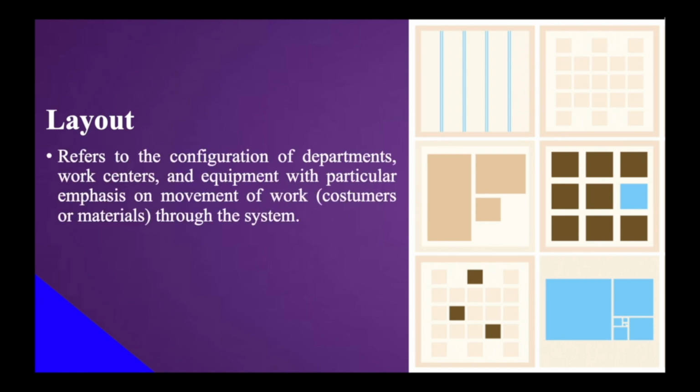When we say layout, this refers to the configuration of departments, work centers, and equipment, with particular emphasis on the movement of work, customers, or materials through our entire system. So, what is the most okay layout considering this movement?